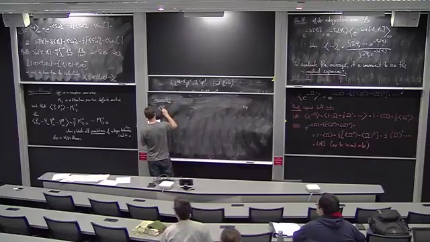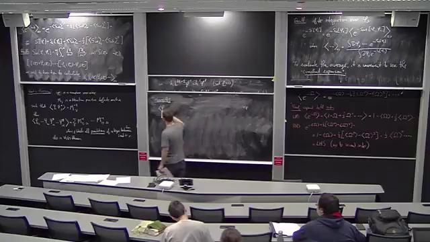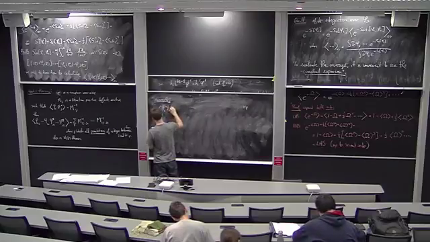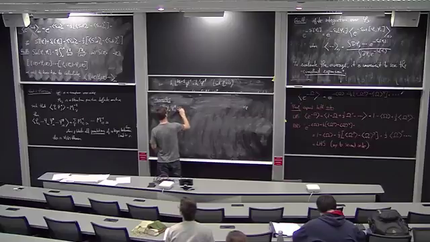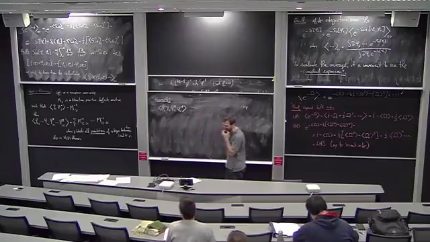So let me keep it general and talk about complex variables. I'll call them 1, 2, 3, 4. Okay, I have an expectation value like that, a Gaussian expectation value.